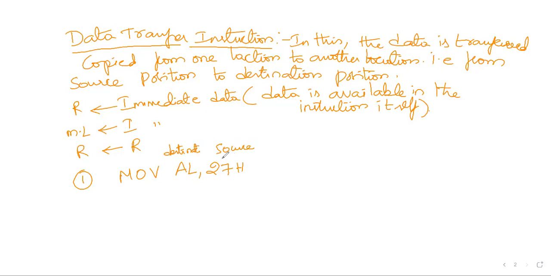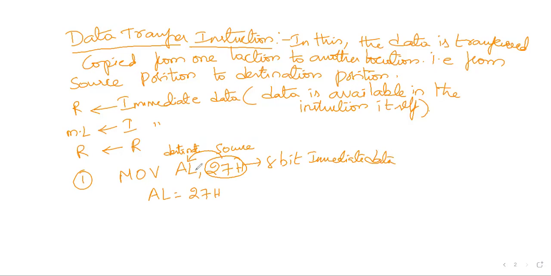So the data is copied into the AL register. After execution of this instruction, the AL contents become 27H.